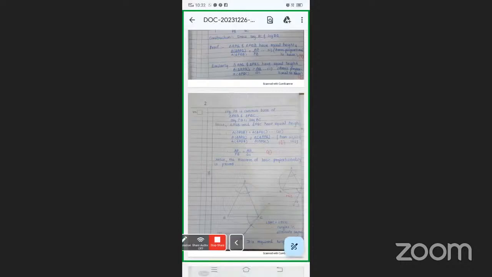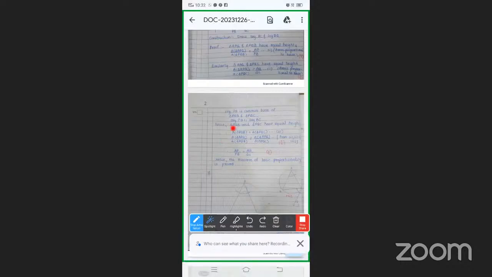Then when we observe the diagram, PQ is a common base for triangles PQB and PQC, correct? Here segment PQ is parallel to segment BC, that is the given part. PQ is common and PQ and BC are parallel, which indicates that both triangles have the same height, correct?